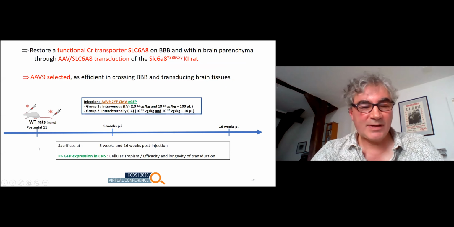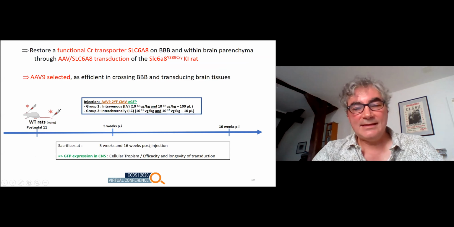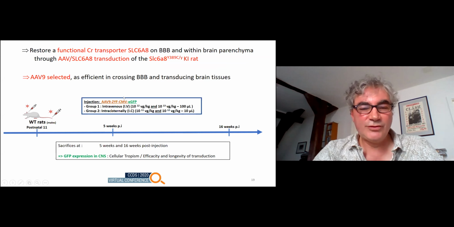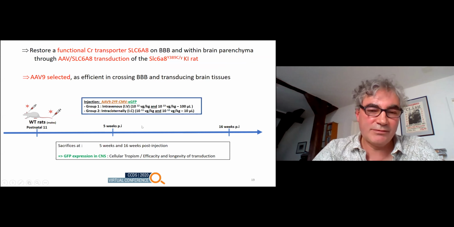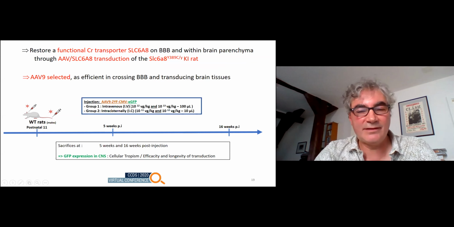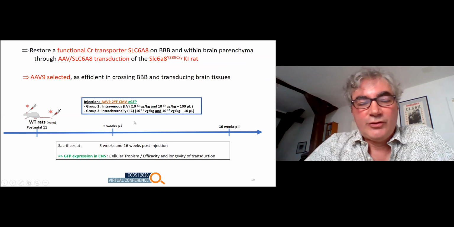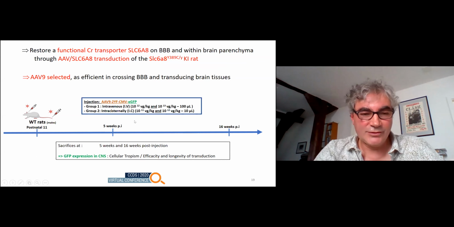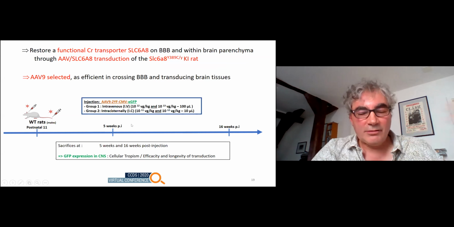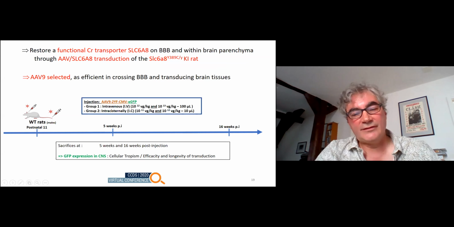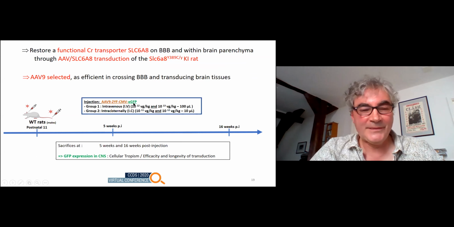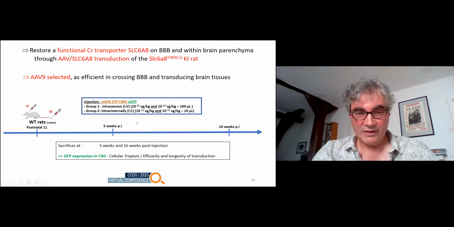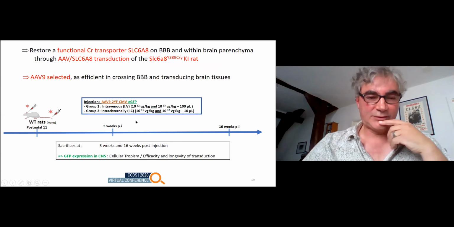This first experiment that I will show you is in wild-type rats, using a vector with the same promoter as the one we will use with the creatine transporter, but with the GFP protein, to look at which kind of brain cells are transduced, how long they maintain the expression of the gene, in that case GFP, the proportion of cells, and the identity of the cells that are transduced.